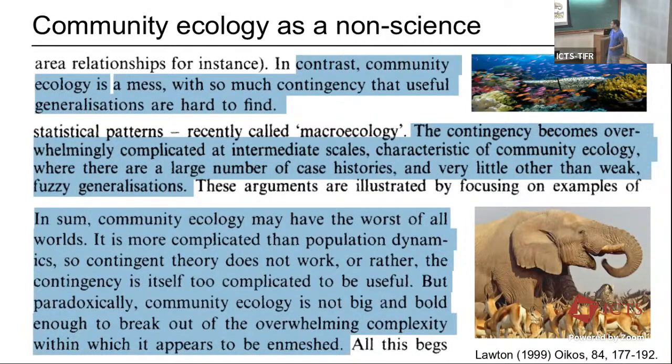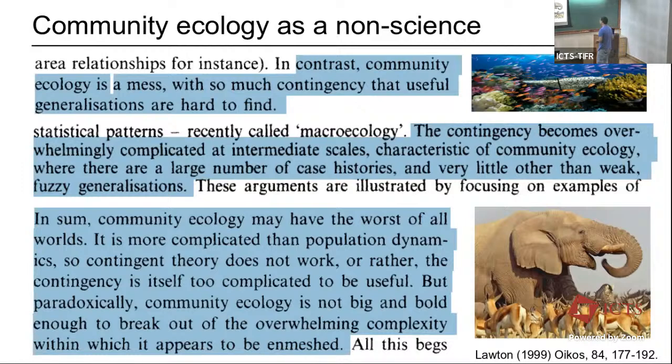Community ecology is where it gets hazy, where at that level between populations and ecosystems, you're in that intermediate level studying communities, and there tend to be no immutable laws. There tend to be no one or few explanations for why we're seeing the ways in which communities are structured.